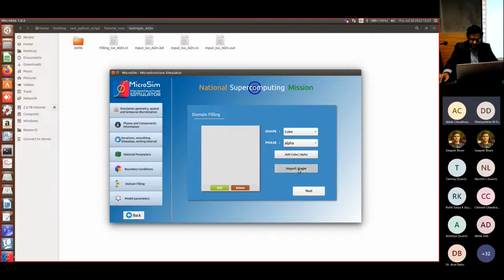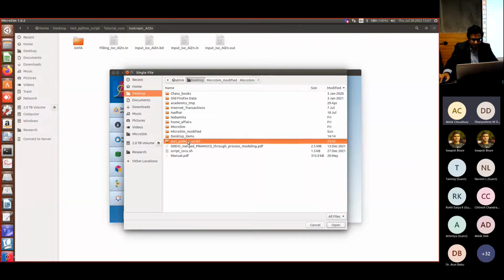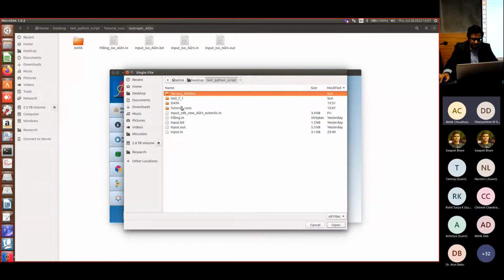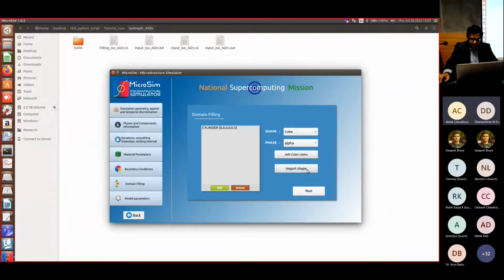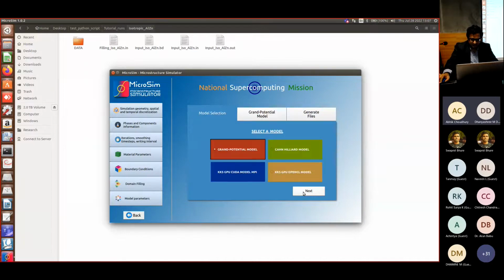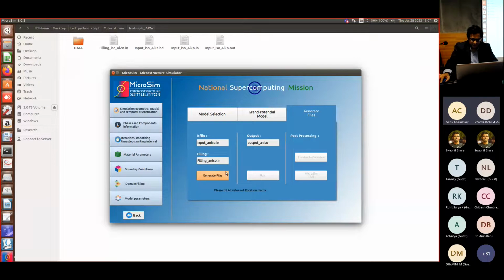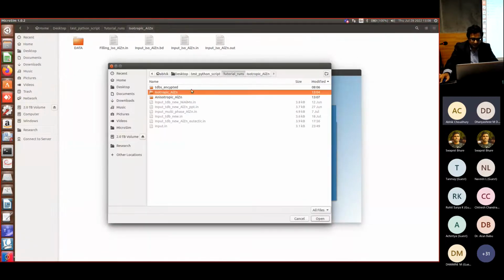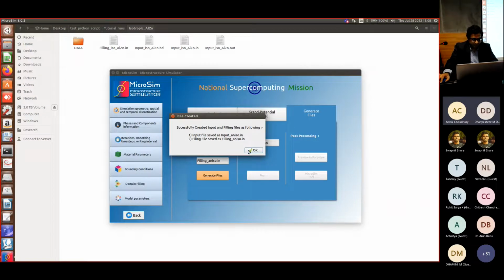And I will import the same shape that was there before. So this one. Yep. And I'll go next, next, next, and try to generate files. Now that I have created a folder, it will try to do there, and we'll fill the file.